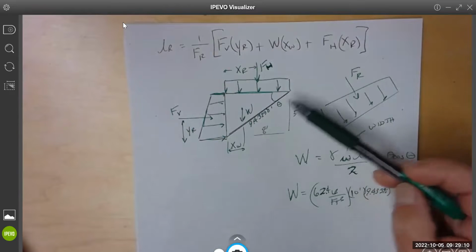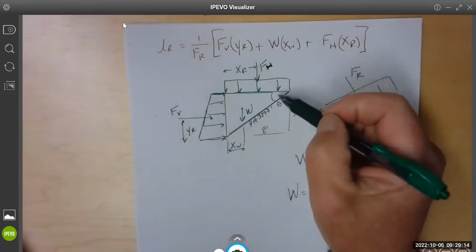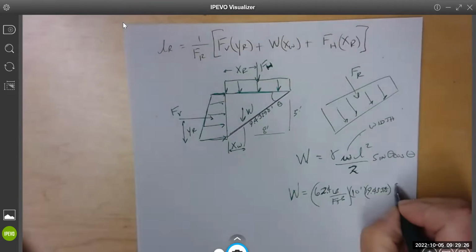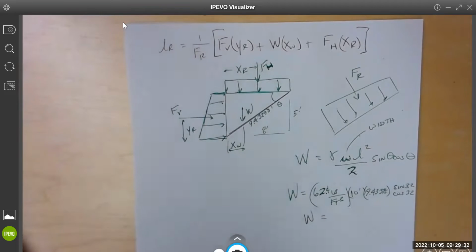Yeah, but theta's in the bottom left. Oh, you're right. Theta's up here. So it should be 5/8. Good catch. Inverse tangent, 32. Pretty close. So then we need sine 32 cosine 32 for W.